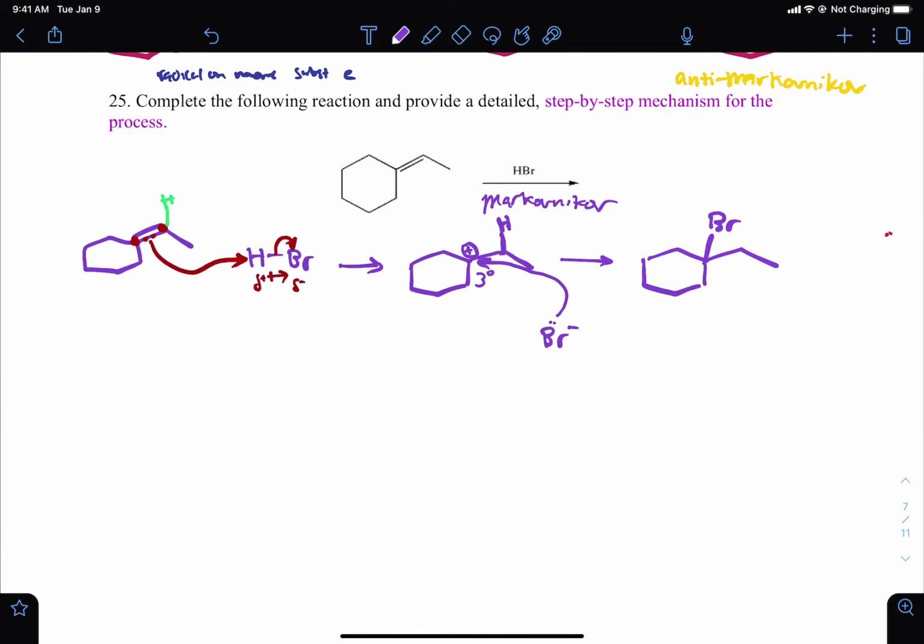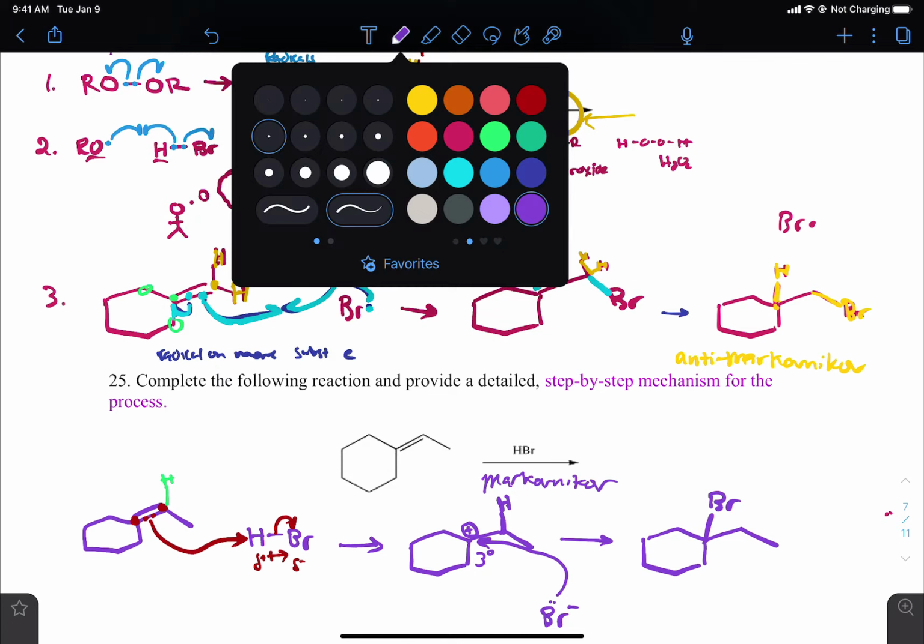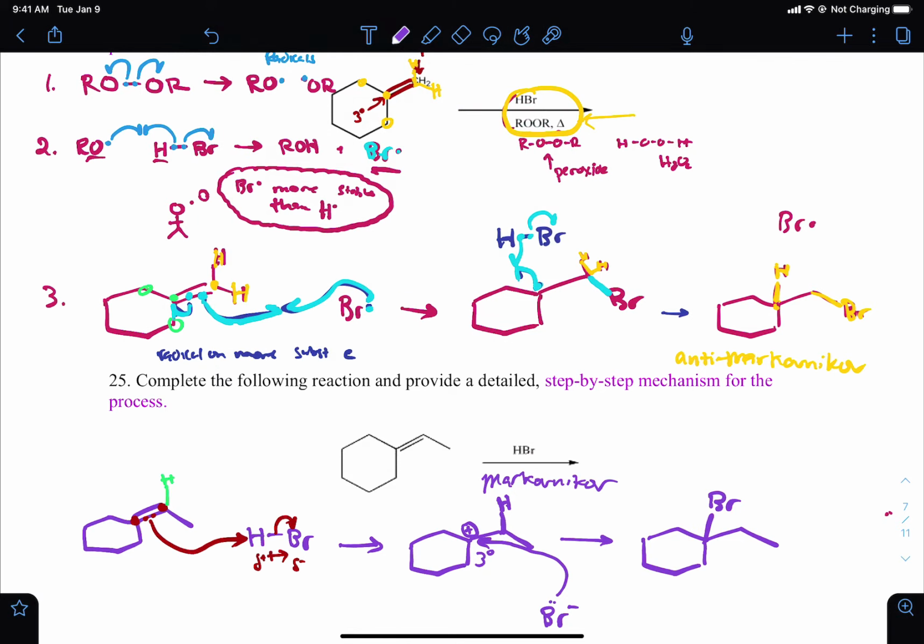Let me compare these two just for the sake of completion here. The reason why the pattern is opposite, the reason why we get anti-Markovnikov when we use peroxide, but we get Markovnikov when we do not, is that in the peroxide pattern, the bromine goes on first, right here in our 3rd step.